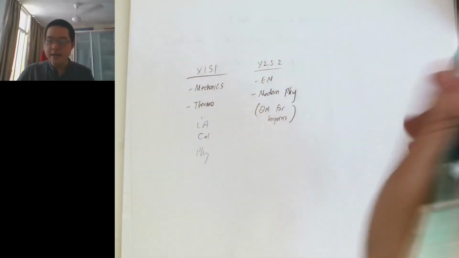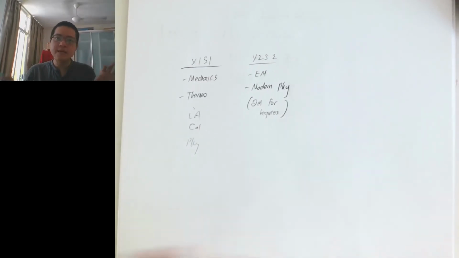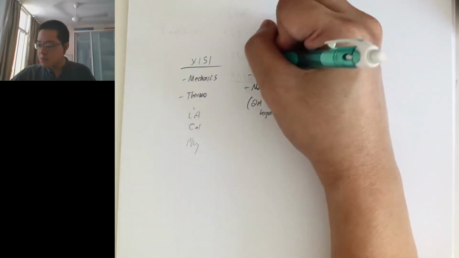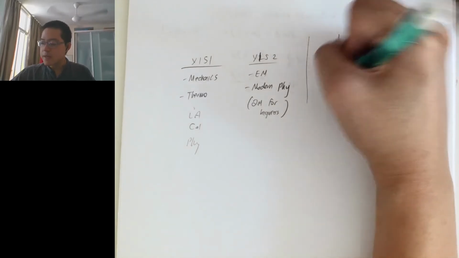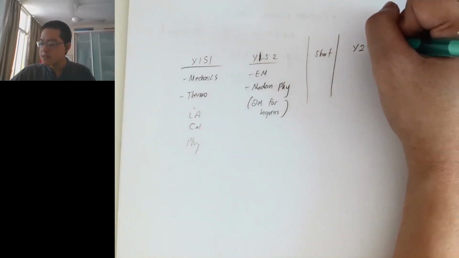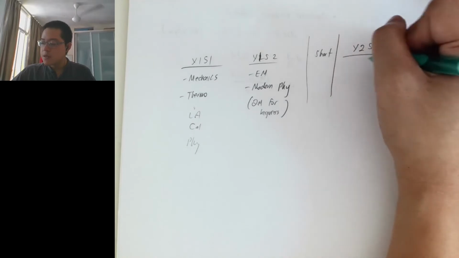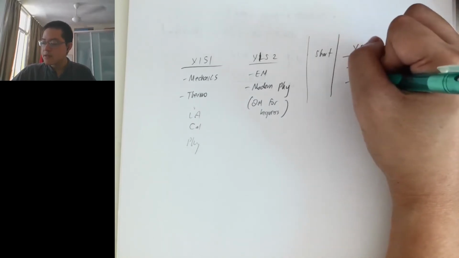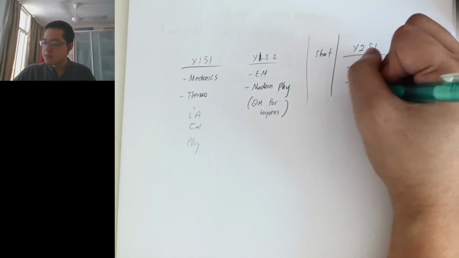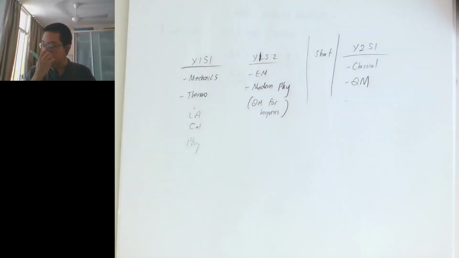That is the simple quantum mechanics, and it's only a few chapters because modern physics covers other things as well, atomic physics and things like that. Then there's a short sem, and then for physics majors year 2 sem 1, I think you will take classical mechanics and then quantum mechanics, the higher level things.